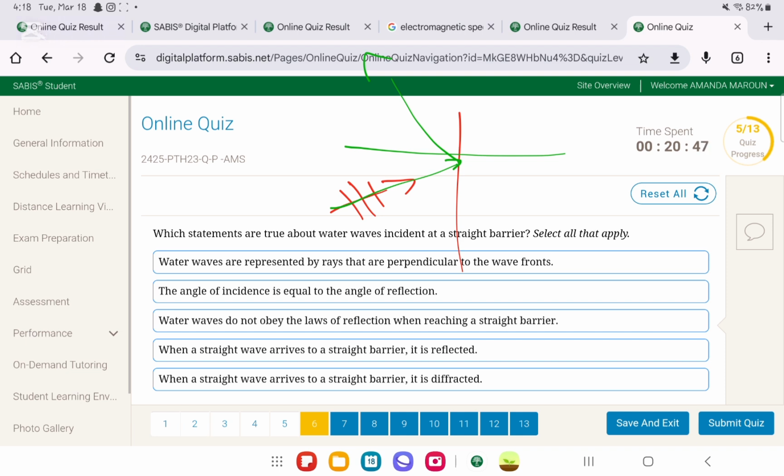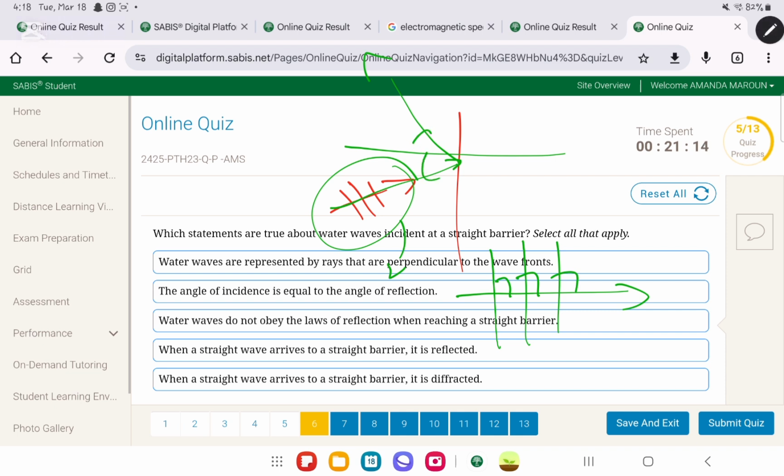The second thing is, how are the water waves represented? They are a straight line, and you have the rays being perpendicular to the line. So water waves are represented by rays that are perpendicular to wave fronts. And one more thing, we said that they will obey the laws of reflection.